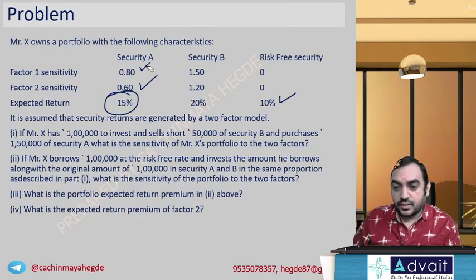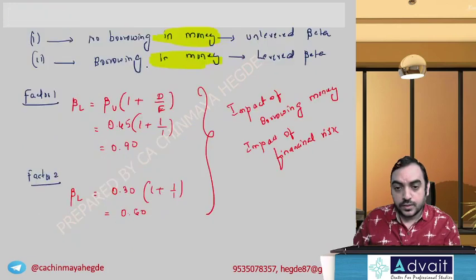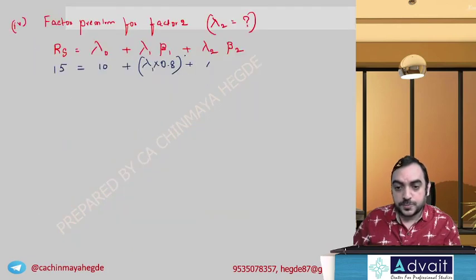For security A, beta 1 is 0.8 and beta 2 is 0.6.